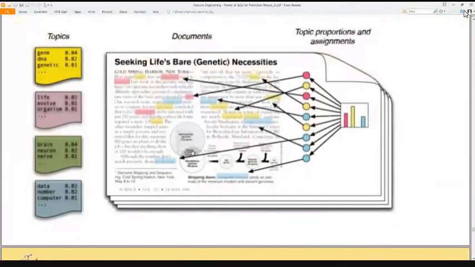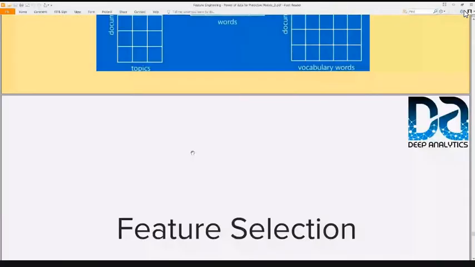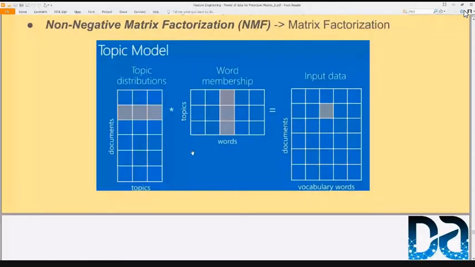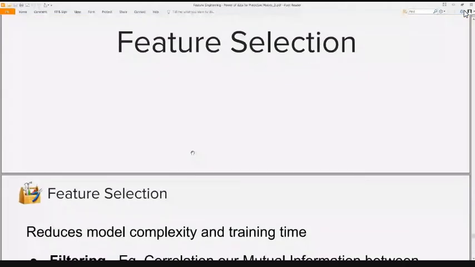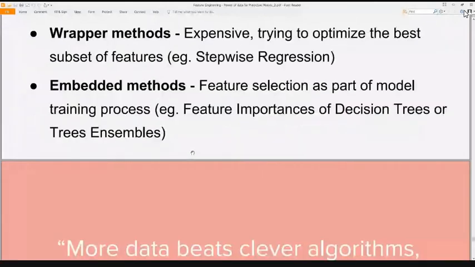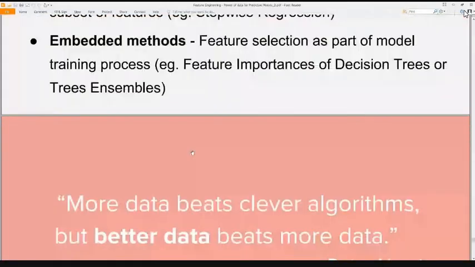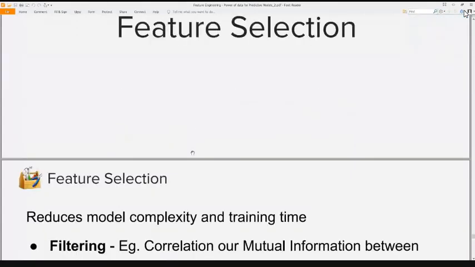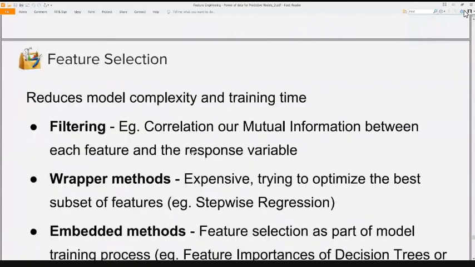Topic modeling. Feature selection. So feature selection is which particular features we will use per model. Our data can come with 154 columns, but among the 154 columns, which ones are important to use?